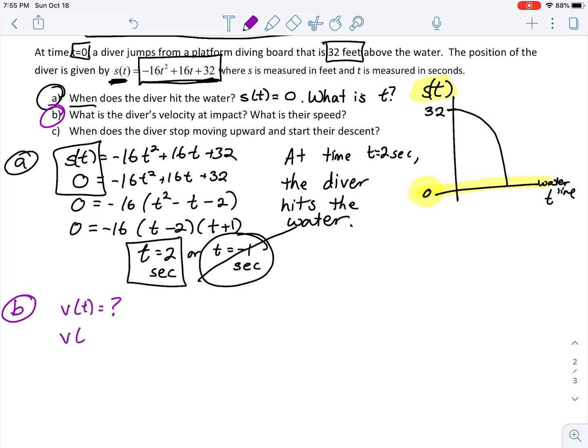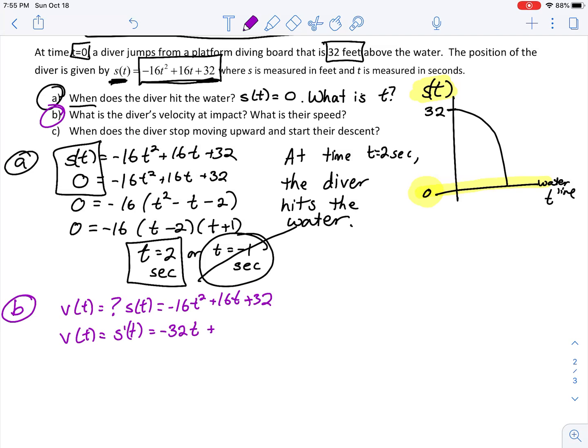Well, remember that velocity is the same thing as S prime of t. So if S of t itself from up above is negative 16t squared plus 16t plus 32, that was given to us. If you use the power rule, you multiply your exponent times your coefficient, negative 32t, and then you remove 1 from the exponent.